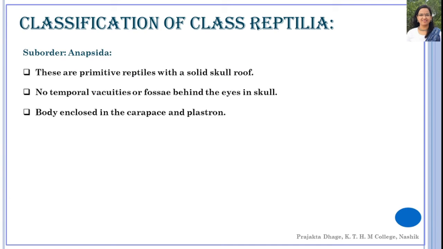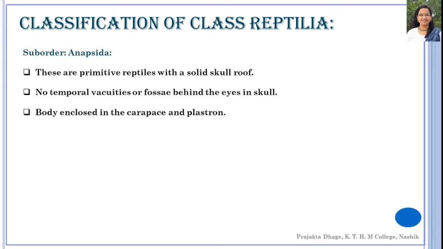Now let's begin with the subclass Anapsida. The roof of the skull is going to be solid in these organisms. As we have already seen, no temporal vacuity or fossae are present in the skull. The quadrate bone is connected to the otic bones. Limbs are generally strong, and the body will be enclosed in the dorsal carapace and ventral plastron.